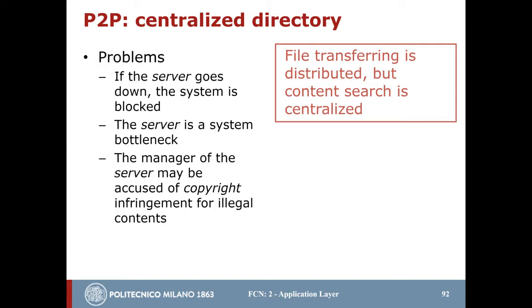But in the case of Napster, most important of all, the manager of the server can be accused of copyright infringement if illegal content is exchanged between the peers, because there is a centralized directory that is owned by a specific legal entity who is enabling this exchange of illegal content.